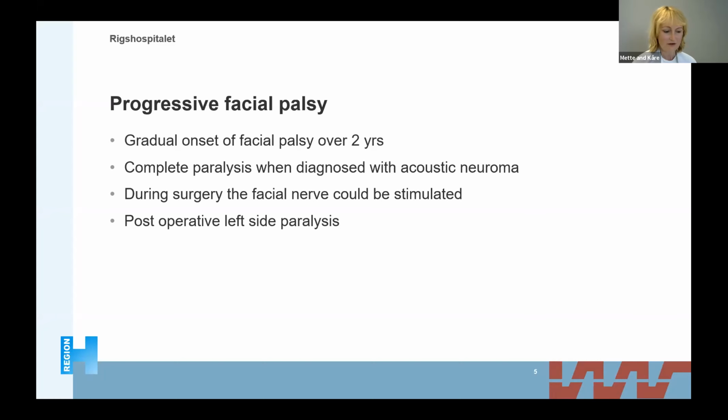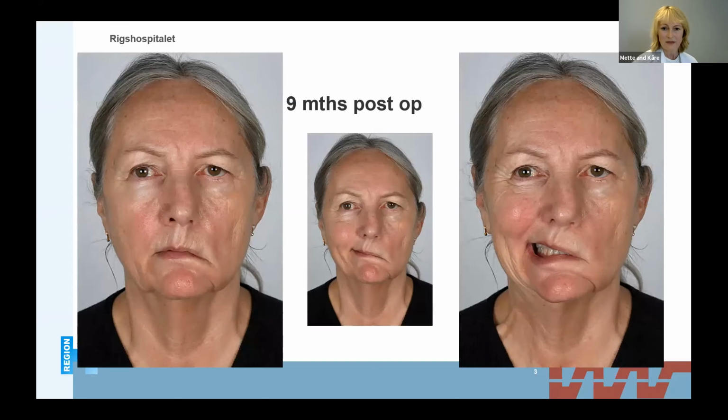So we have a nerve that has been suffering for more than 2 years. And then because it was possible to stimulate during surgery, she was referred after, I think, 9 months. And so this was what she looked like after 9 months with a complete House-Brackmann 5 or 6 facial palsy on the left side.